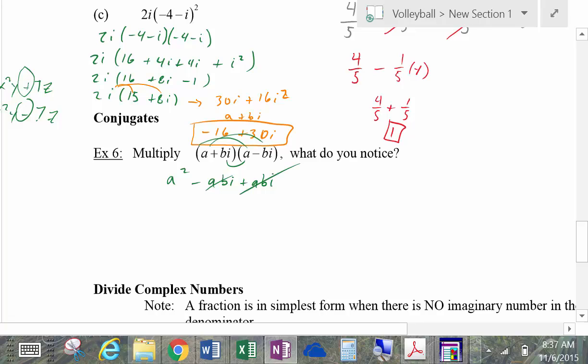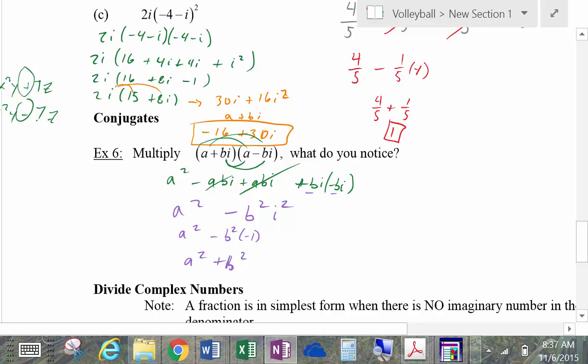And so those cancel, right? And then bi times negative bi. I'm just going to write it out because a lot of people are messing up on this. Plus bi times negative bi. All right, so I end up getting a squared. What is positive b times negative b? Negative b squared. i times i is i squared. So we simplify i squared to make times negative 1. Yeah, so it becomes a squared plus b squared.